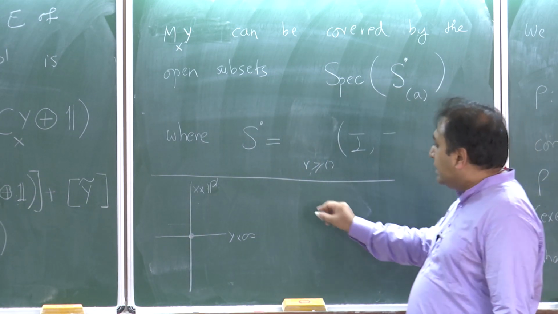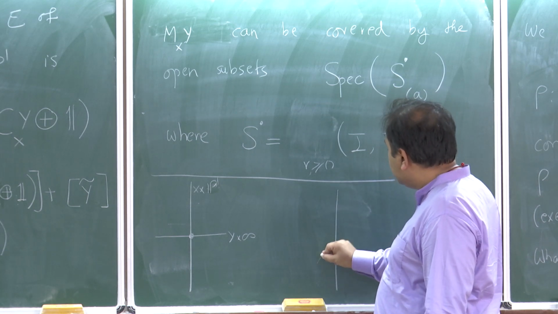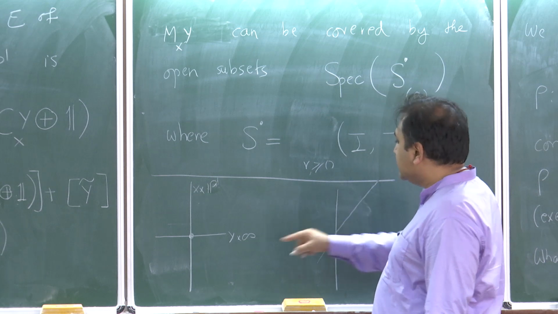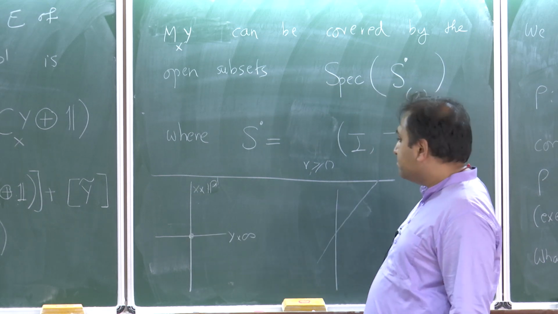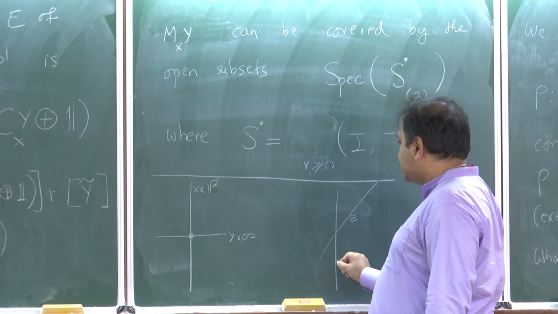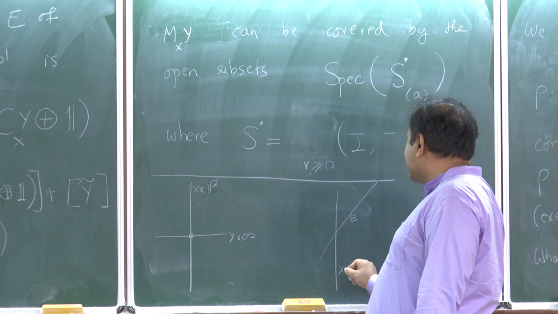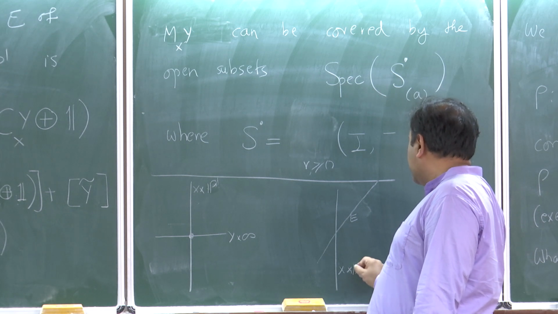We know what this looks like. You get an exceptional divisor like this, and this is the strict transform of x cross p1.